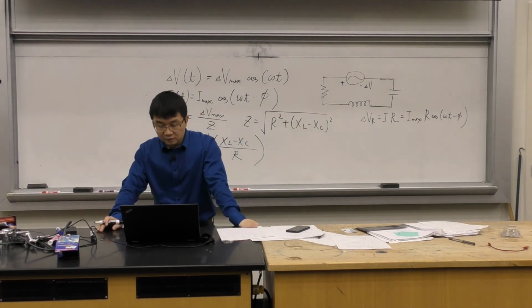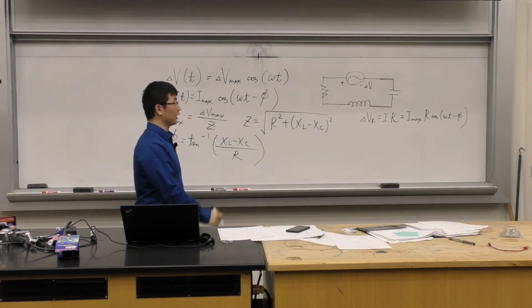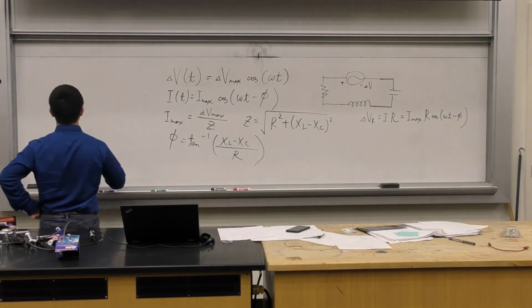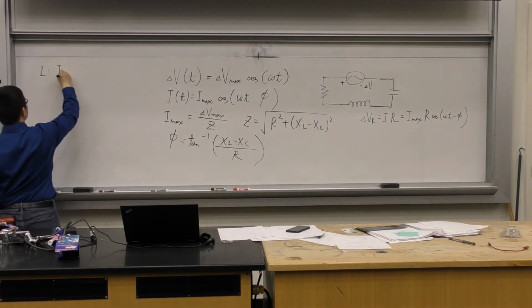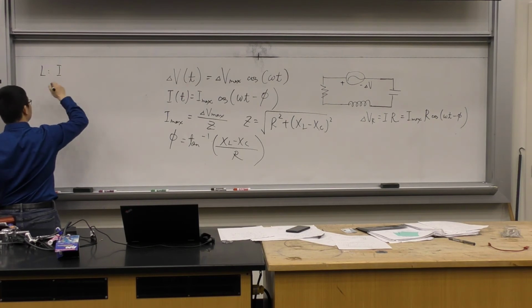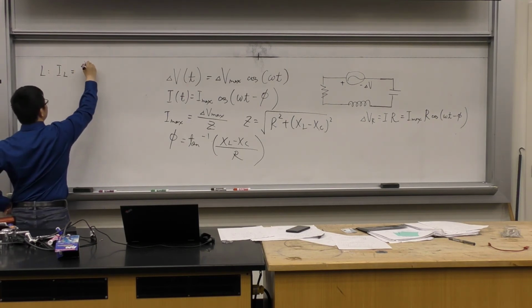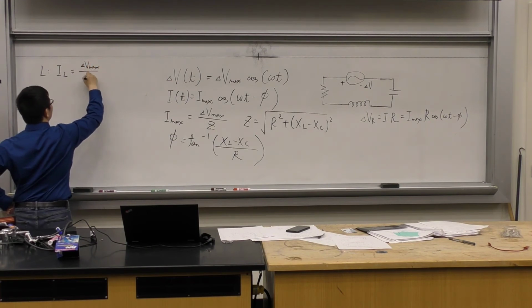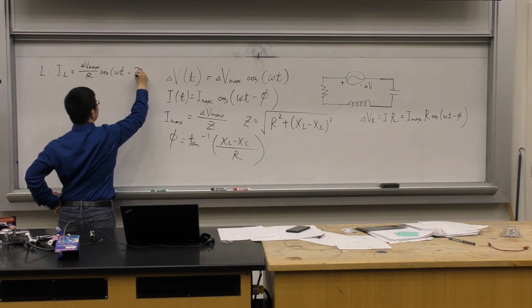What about the voltage for the inductor and capacitor? You can still figure it out. Because we learned that if there's one resistor, capacitor, or inductor connected to the voltage source, you get this equals Vmax over R cosine omega t minus this.